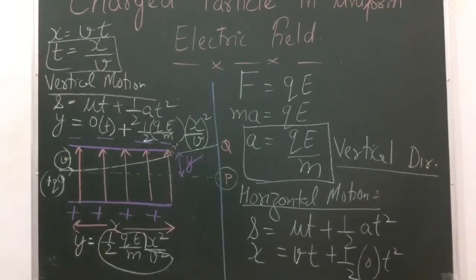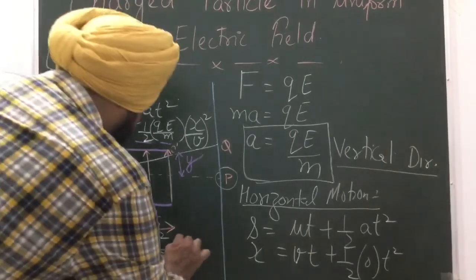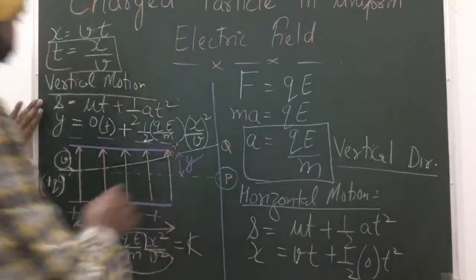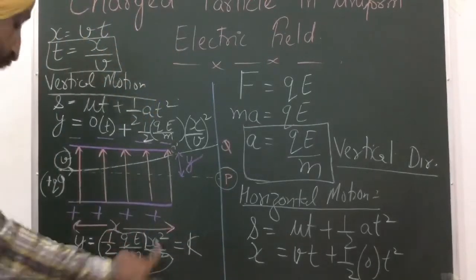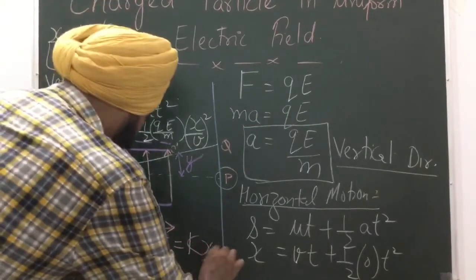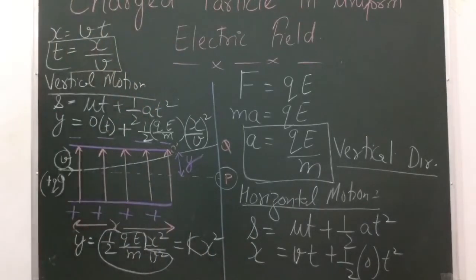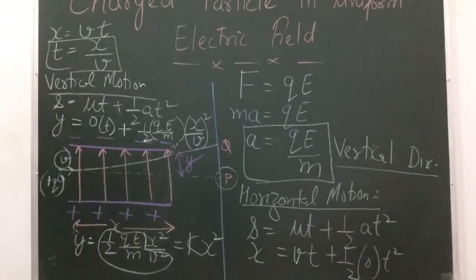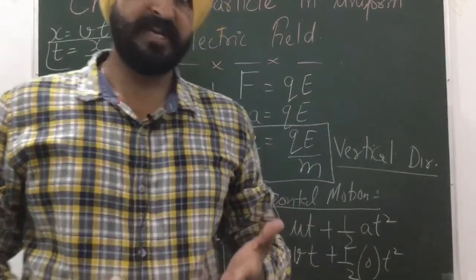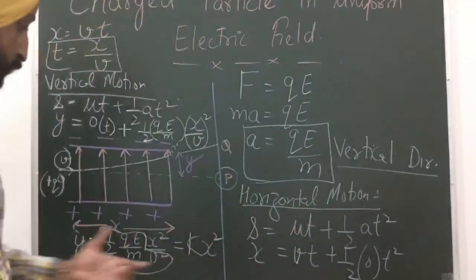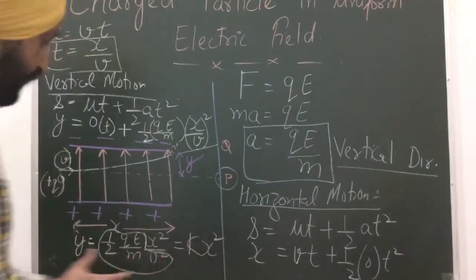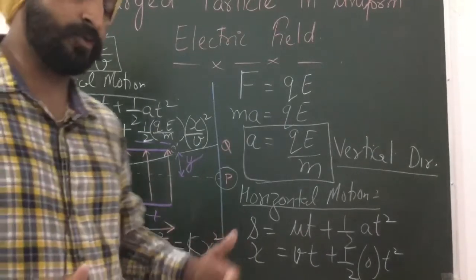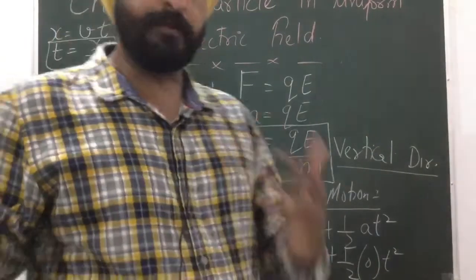So I will be using K, a constant, in place of all these values, into x square. So what is our final equation? Our final equation is y is equal to kx square. I hope this is in your mind that y is equal to constant into x square is the equation of a parabola.